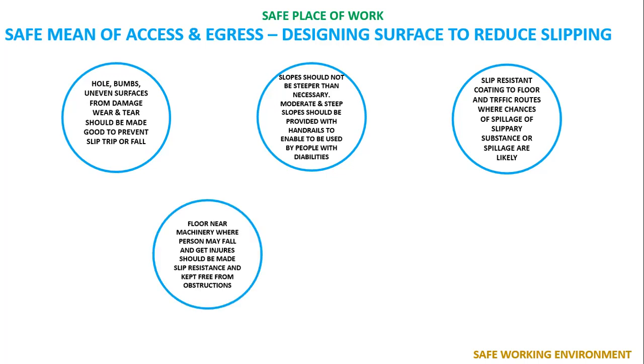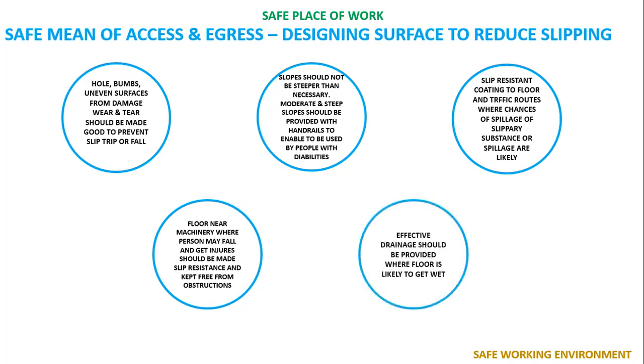Floors near machinery where a person may fall and get injured should be made slip resistant and kept free from obstructions. Then effective drainage should be provided where the floor is likely to get wet. So we can reduce the chances of slipping by employing these methods.